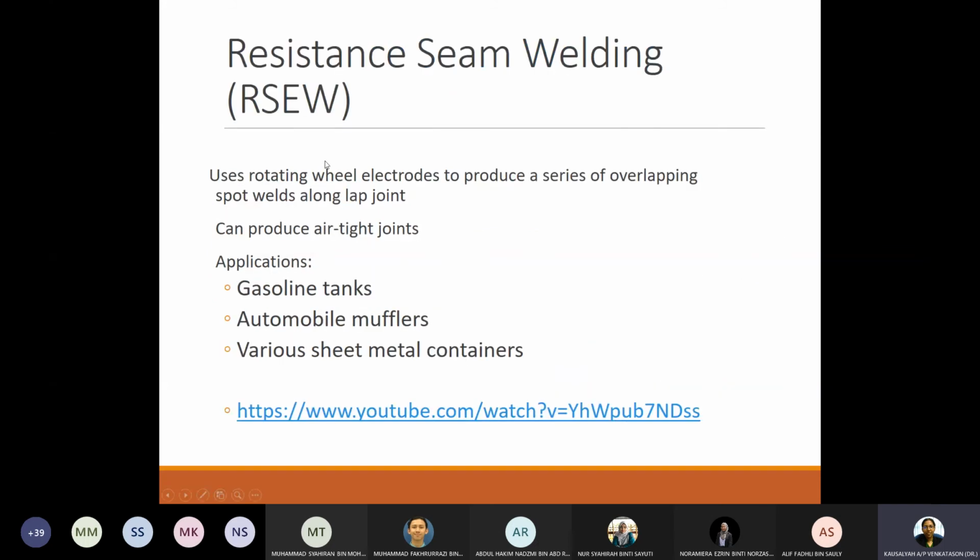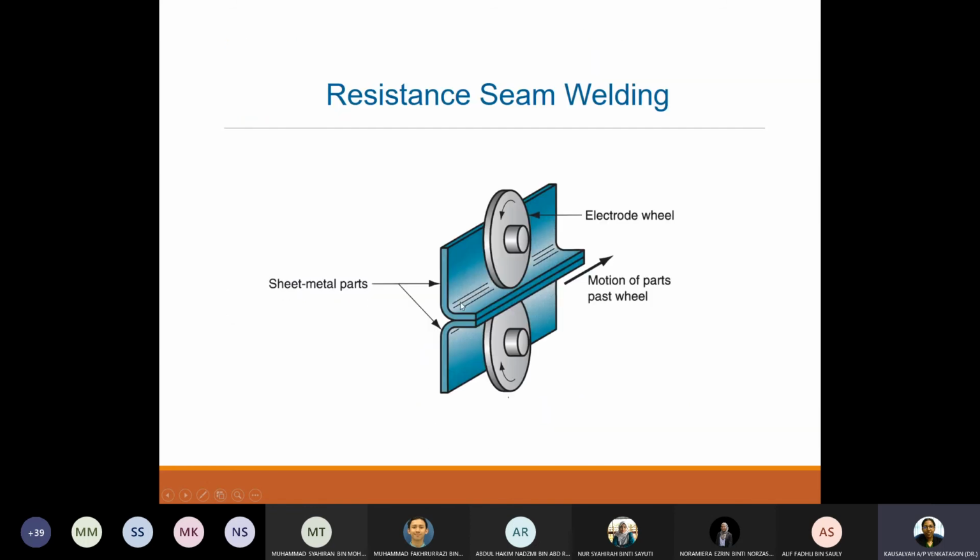And then we have resistance seam welding. It uses rotating wheel electrodes to produce a series of overlapping spot welds along lap joints. So this can produce airtight joints. The applications would be tanks, automobile mufflers, various sheet metal containers. So this is the schematic diagram of the resistance spot welding.